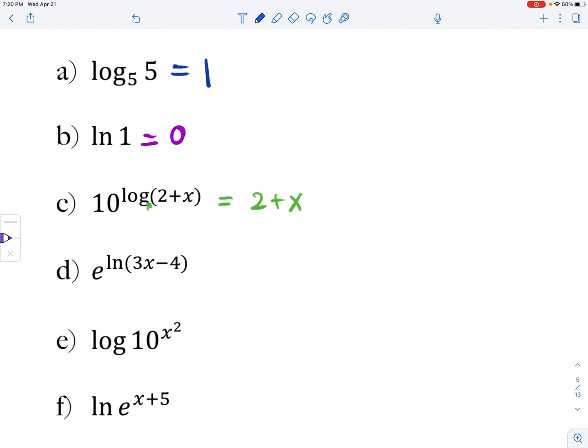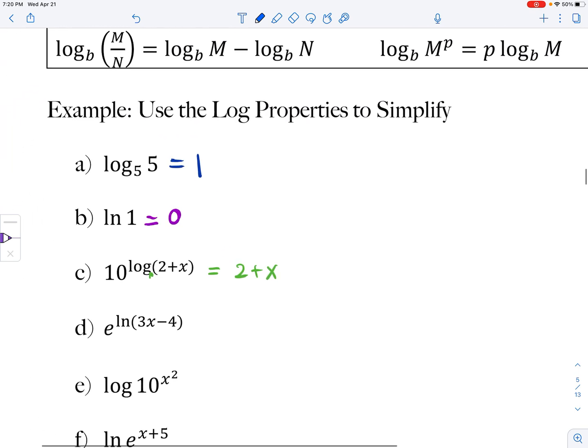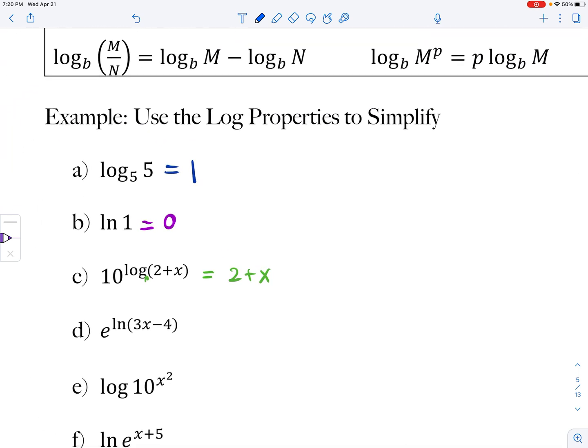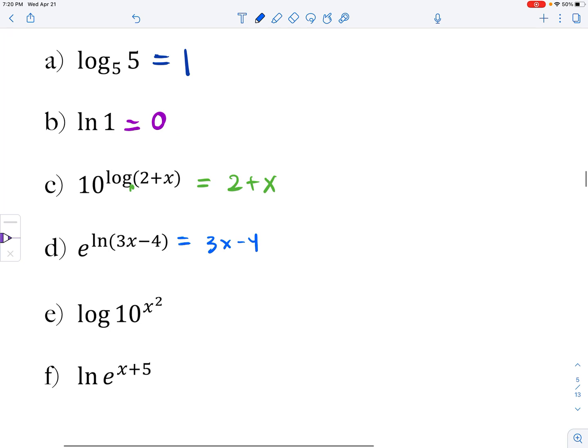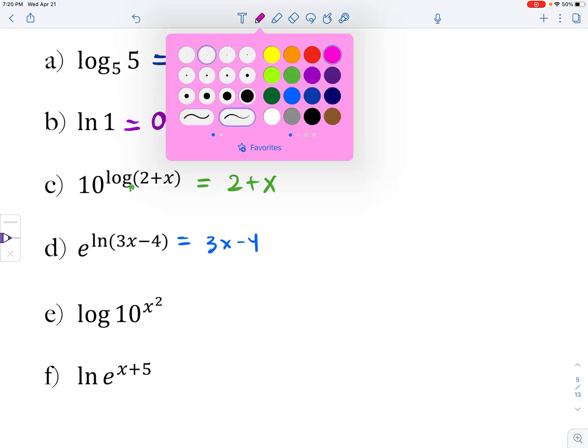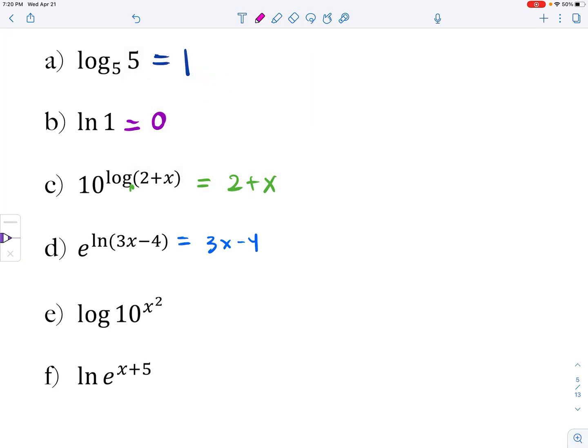Okay, and so the same property is applied, but I used base e, so this would end up being equal to 3x minus 4. Okay, and log of 10 to the x squared power actually ends up being equal to x squared.